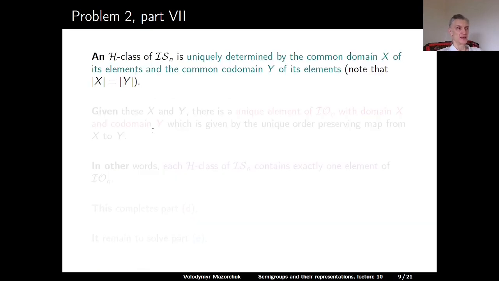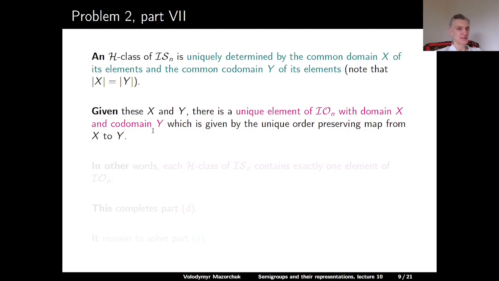Now about the H cross-section. An H-class in ISN is uniquely determined by the common domain of all elements in this class, let's call this domain X, and the common codomain of all elements in this class, let's call this codomain Y. Let us note that the cardinalities of X and Y are the same because any element of ISN is a bijection from the domain to the codomain, and that common number is the rank of this element.